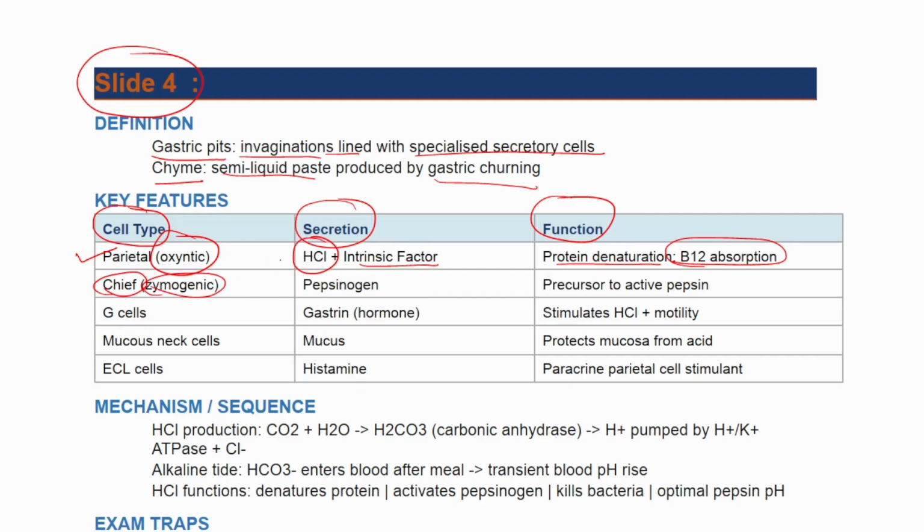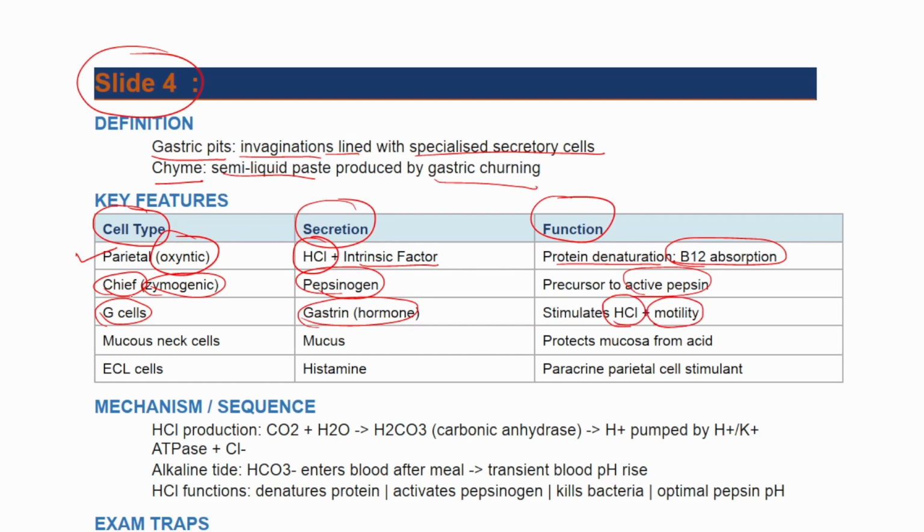The primary role is the secretion of pepsinogen, which functions as the direct precursor to active pepsin. To control and trigger these various secretions, the stomach uses regulatory units called G cells. These specialized cells secrete the hormone gastrin, which travels humorally to stimulate gastric hydrochloric acid secretion and overall motility.